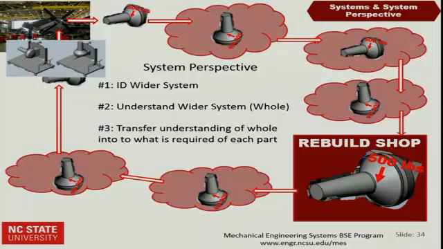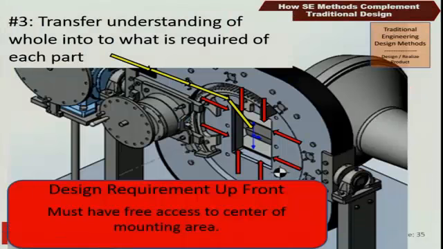By doing that, they turned a cost-only project into a cost savings project because they eliminated all of those transfers. They eliminated all the times when the gearbox could get damaged, all the time in transferring it. So by seeing that right up front and identifying a design requirement that the back had to be open, they were able to accommodate that and turn it from a cost-only project into a cost savings.